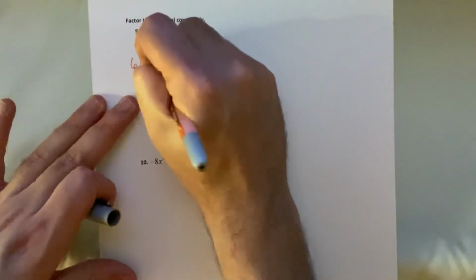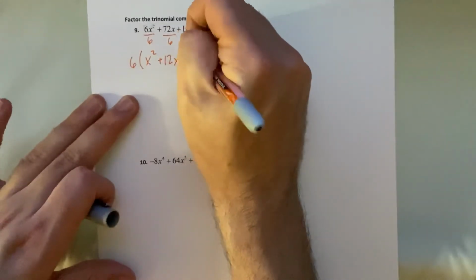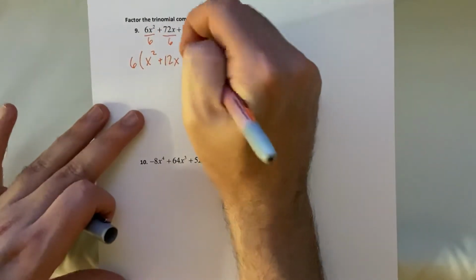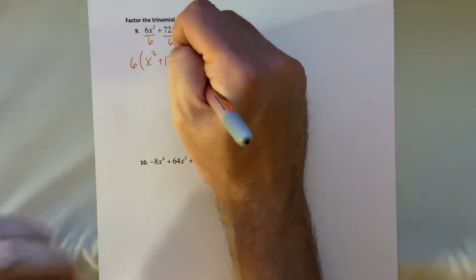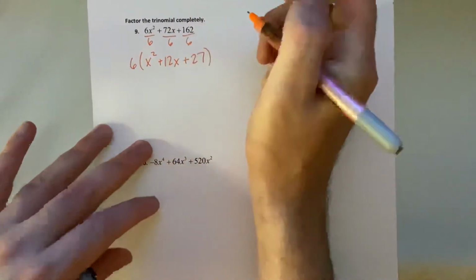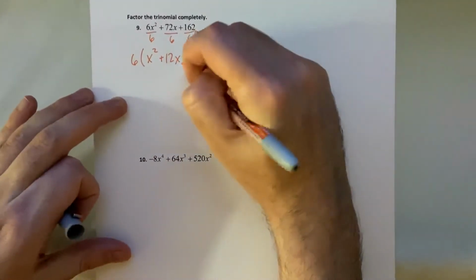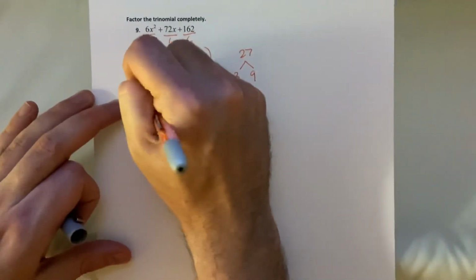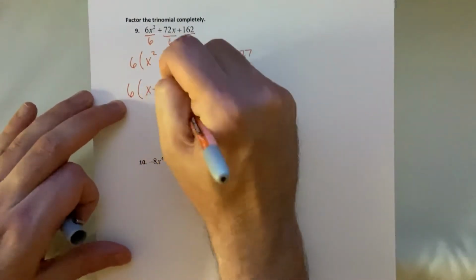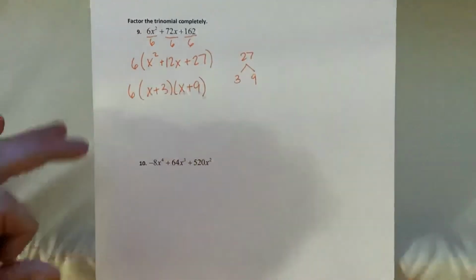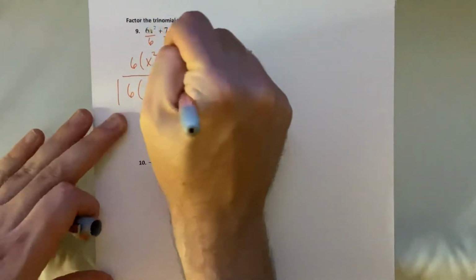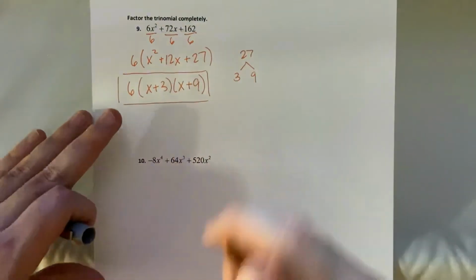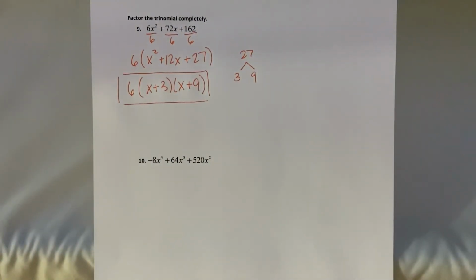Then it's x squared plus 12x, and 162 divided by 6 is 27. So the 6 is still a part of the problem. Now we're looking for two numbers that multiply to 27 and add to 12. Looks like those are probably 3 and 9. So it's 6 times x plus 3 times x plus 9. So don't get rid of the greatest common factor. We'll talk about when there are equations, you can divide by them, but for now, don't.